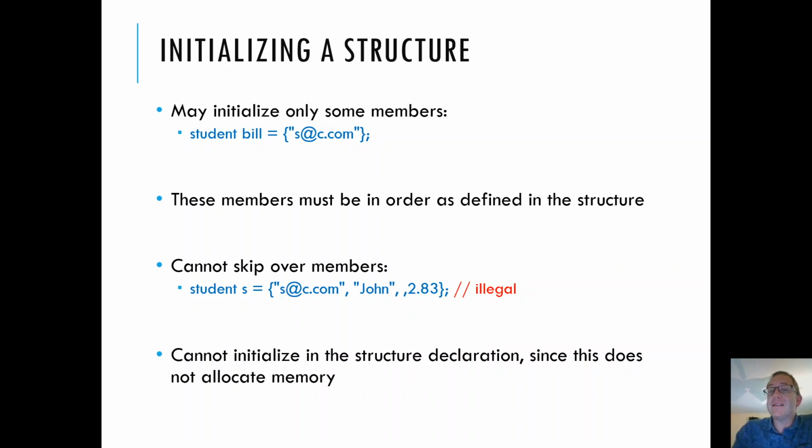And I cannot skip over a field. This is illegal. I didn't put in my ID. The whole thing is illegal. I cannot initialize my student that way. So this only works if I include everything up to a certain point. So that's what makes that illegal.